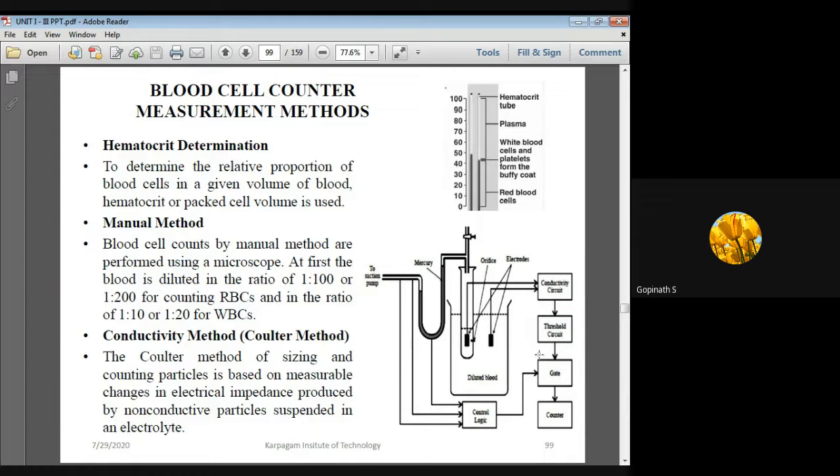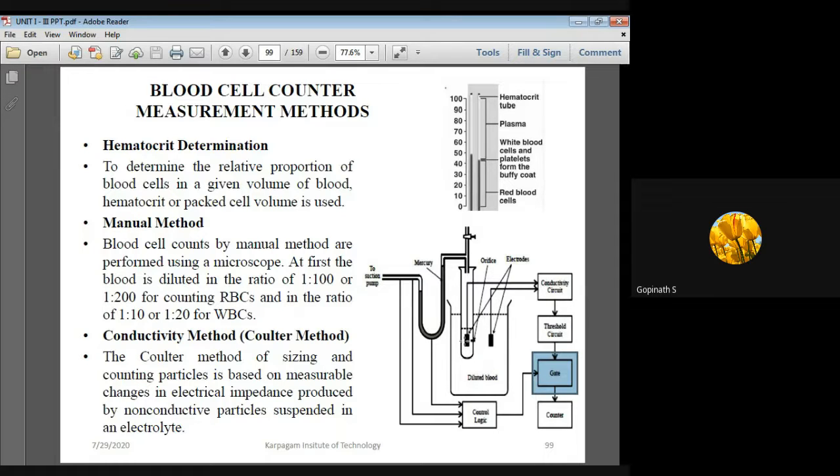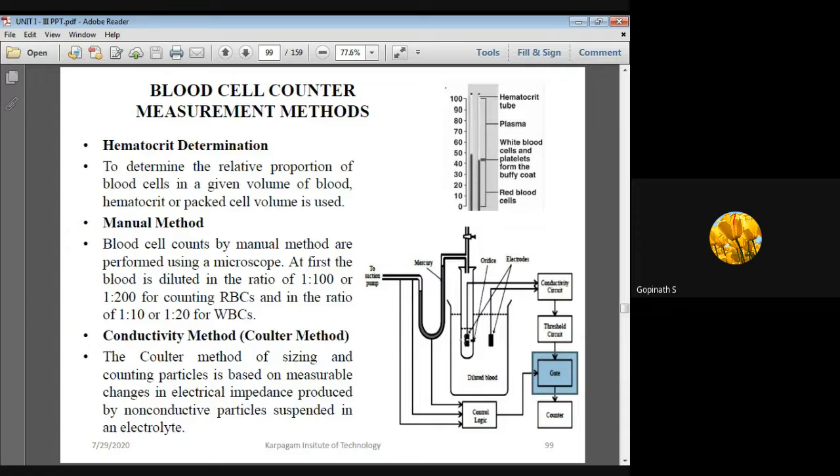After that, it will be given to the gate. This gate is attached directly to the suction pump as well as the mercury. At the first conduction, when the blood is added to the electrolyte solution, the gate will open the mercury valve.